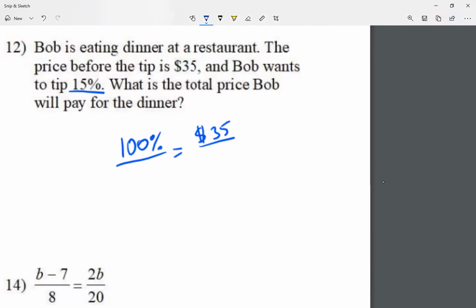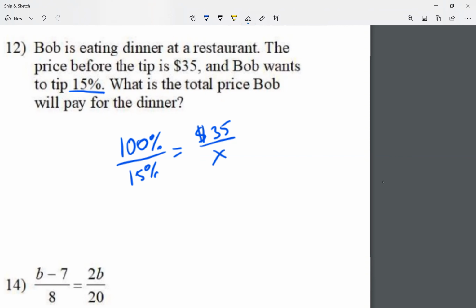Two things we can do. We can figure out what is 15% and then add it to the $35, or we can figure out how much is 15% with the $35 included. We can just say 15% is equal to X and then solve for X. That's going to tell us how much is 15%.